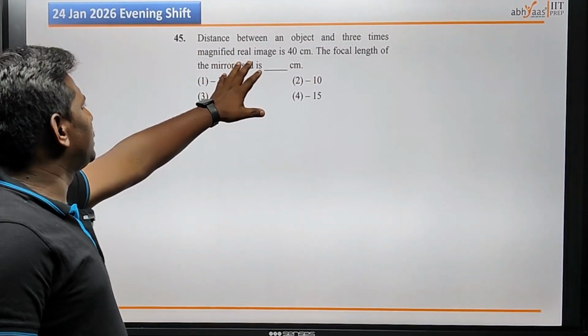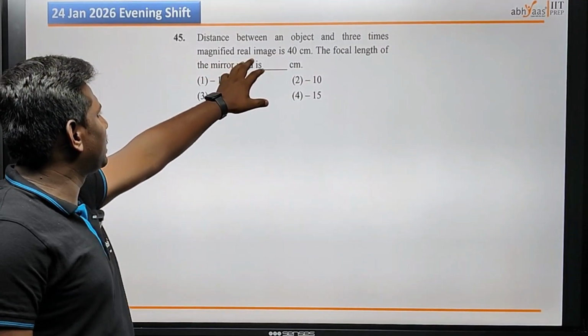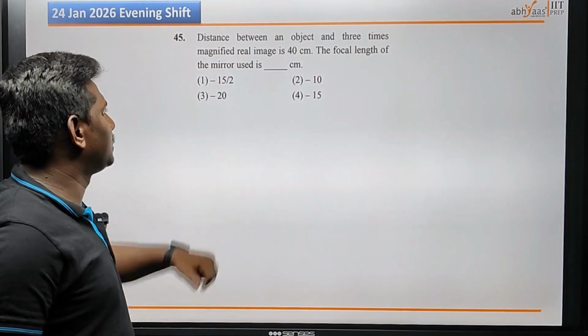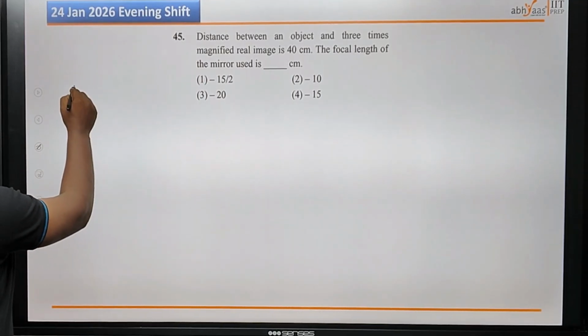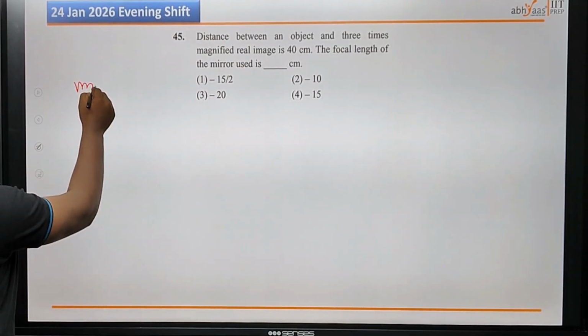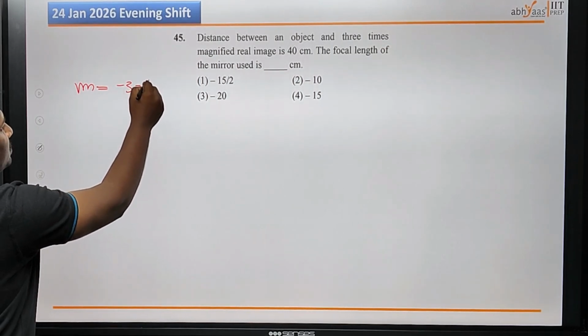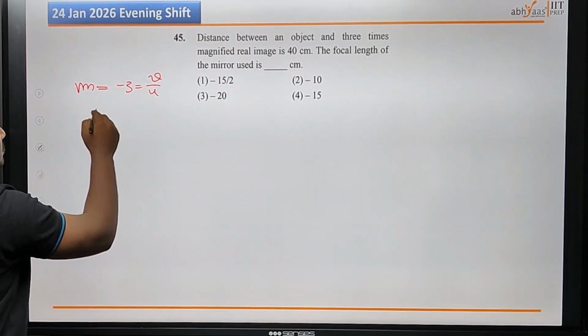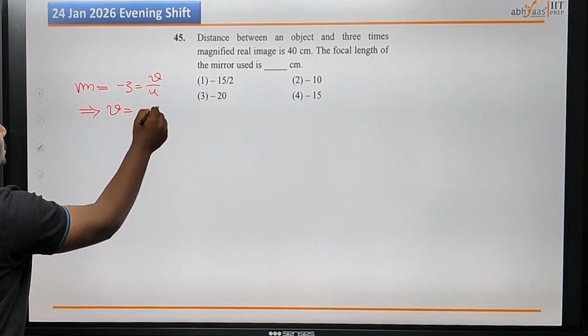Next, question number 45. The distance between an object and its 3 times magnified real image is 40 centimeters. Magnified real image, m equal to minus 3 equal to v by u. From this one you can simplify v equal to minus 3u.